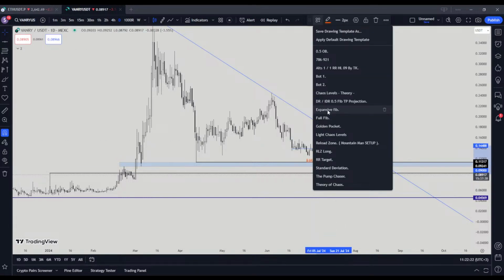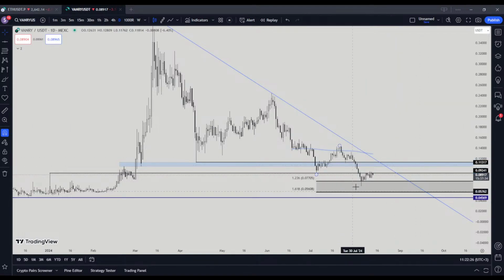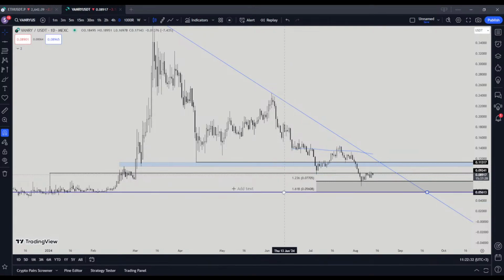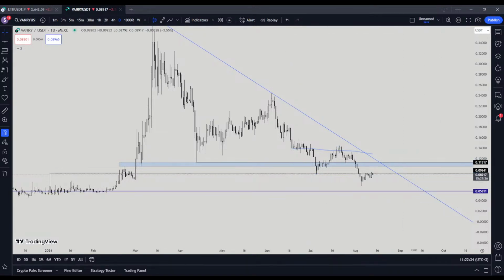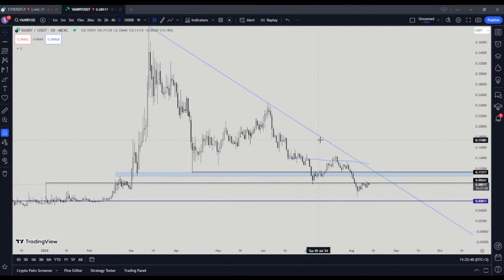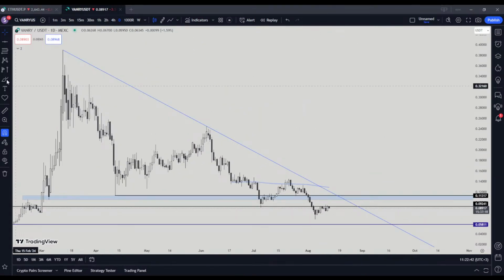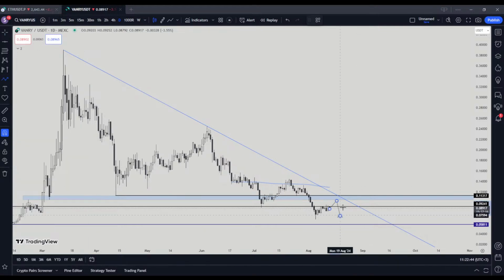You don't have the LJ on the other side of the trend line. Expensive. Yeah, we checked 236, and now I think we can see this level, 0.05 on Vanry. And also, if you really want to be bullish on this one, you want to see something like this.